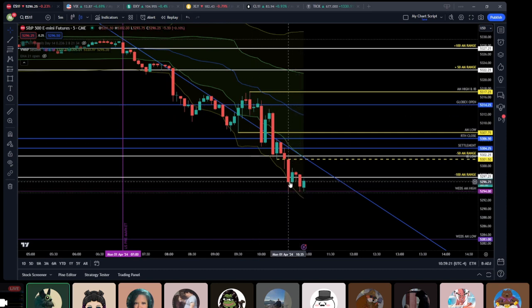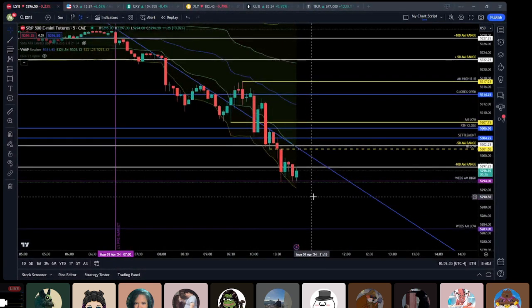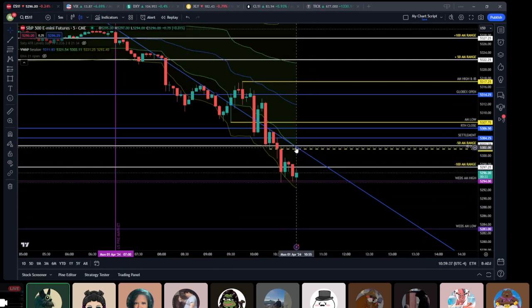So here we are. We breached it once and wicked back up. And here's -1, way up here by that diagonal trend line.